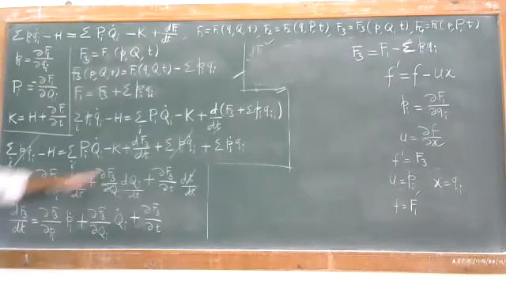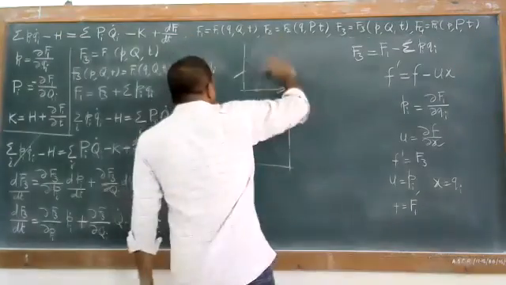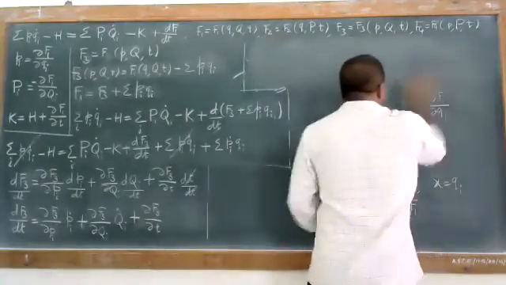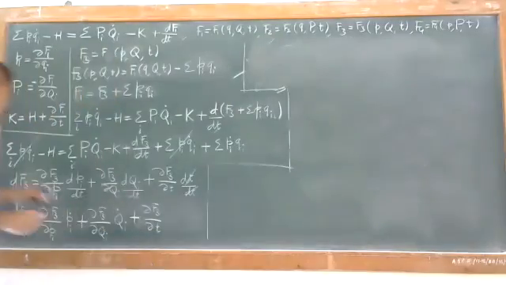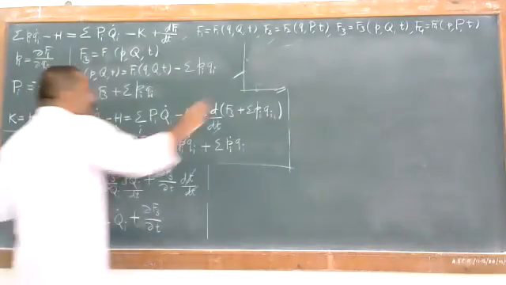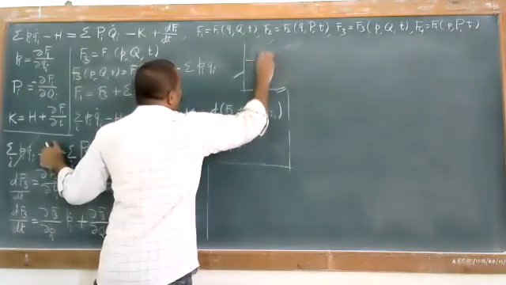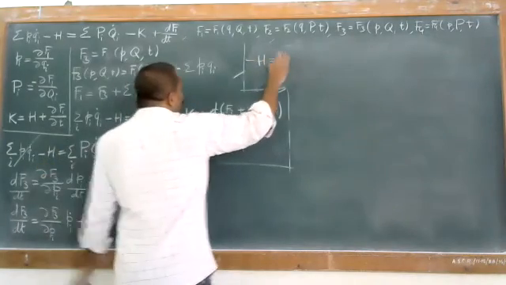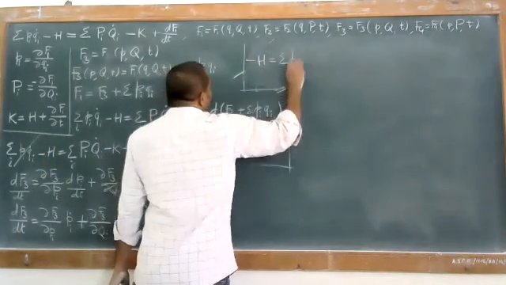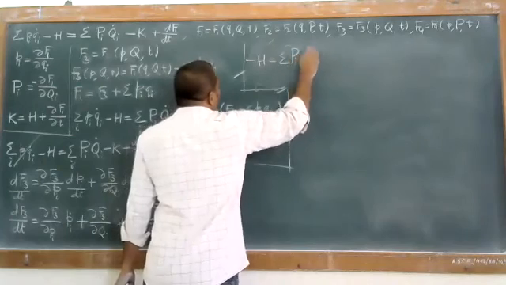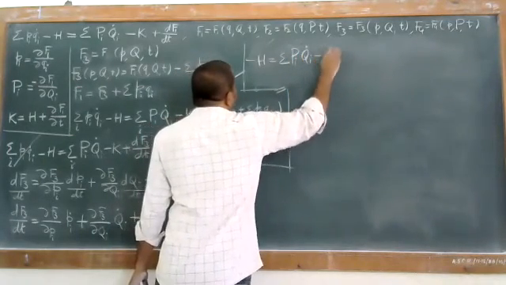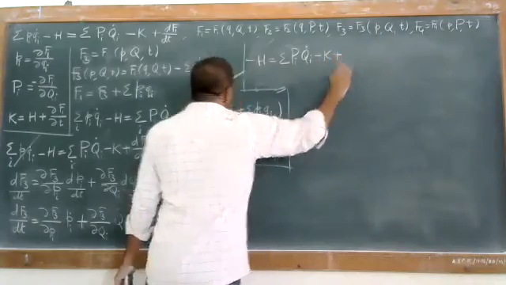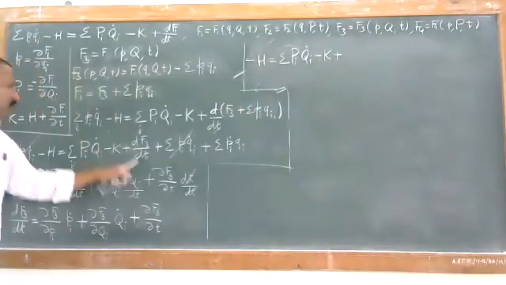We'll have to put this equation in the earlier equation. So we'll have to look at the conditions. See what the conditions are. So this equation becomes minus H is equal to, I'll write that, summation of capital P_i into Q_i dot minus K plus the value of this df3 by dt.